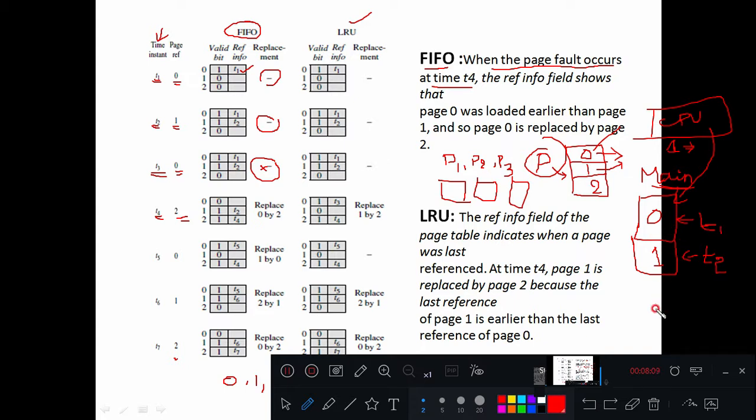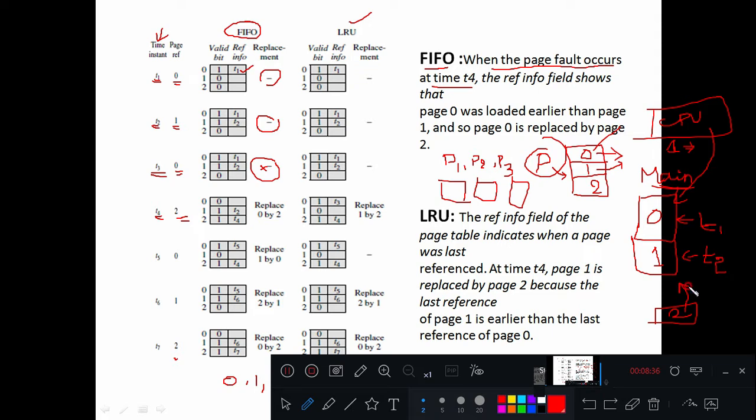Page 2 is there in the hard disk, in the secondary memory, so page 2 has to be brought from secondary memory to main memory. But main memory doesn't have enough space to accommodate this page, so the virtual memory manager first has to make space in the main memory before this page gets loaded into the main memory.